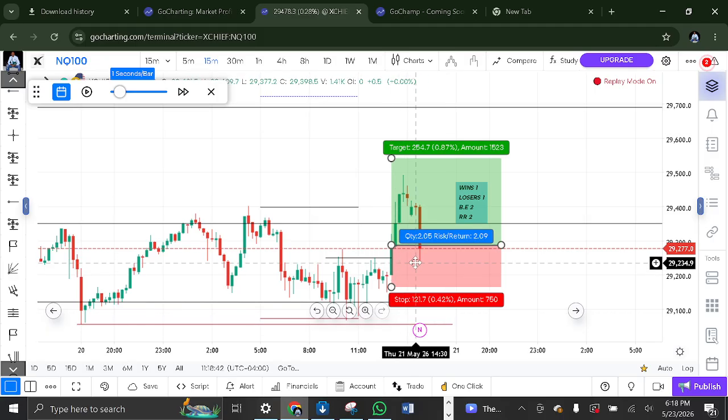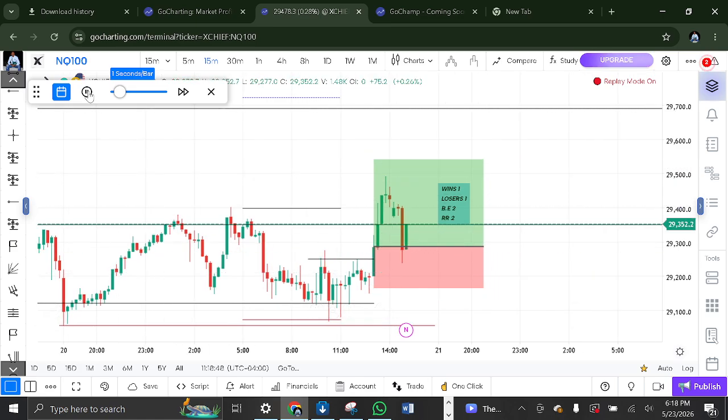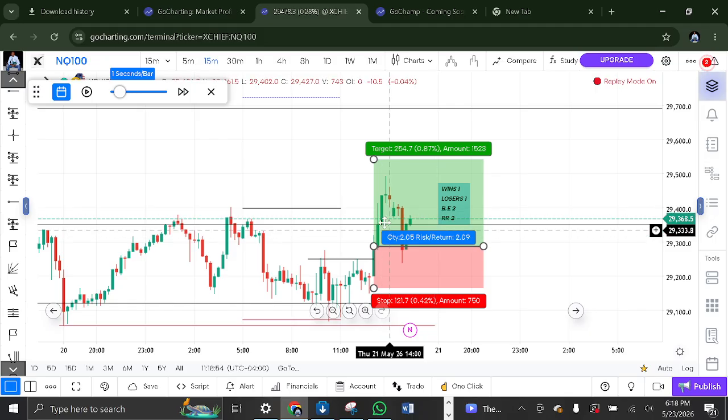Immediately we rallied back to the entry point. When was it? Thursday around 14 during the New York PM session. Then we pulled back. That's why it's always ideal to consider when to break even, right? Assuming we had formed that and we break even, yes, it could be a loss, but how would you have entered this position?